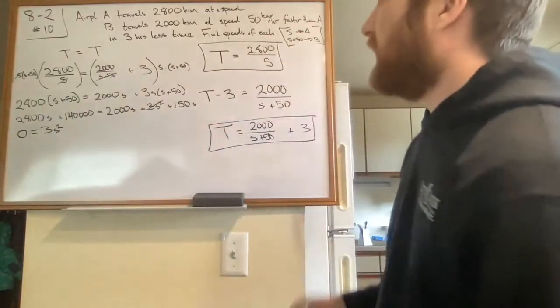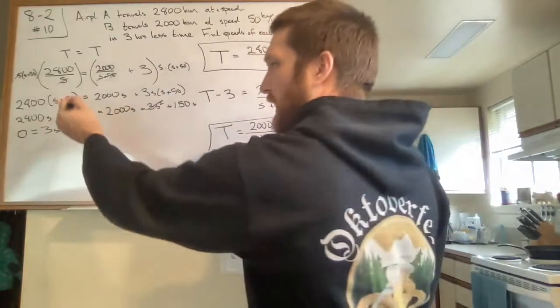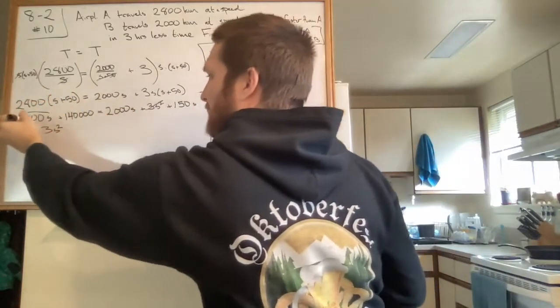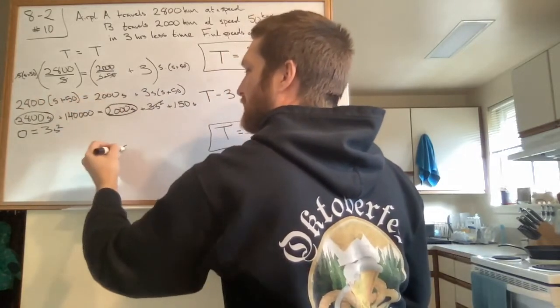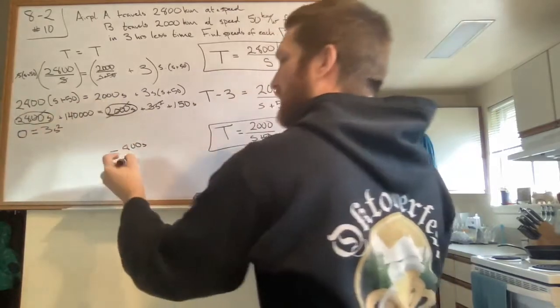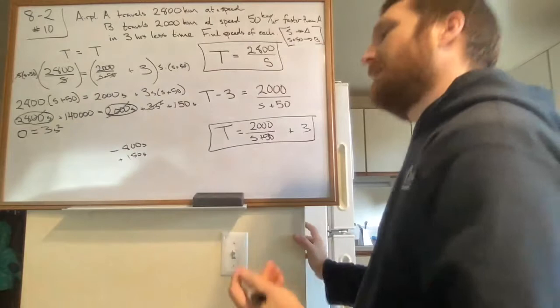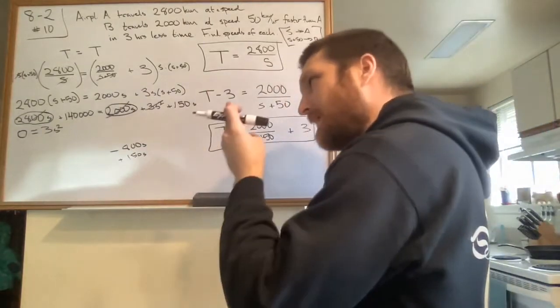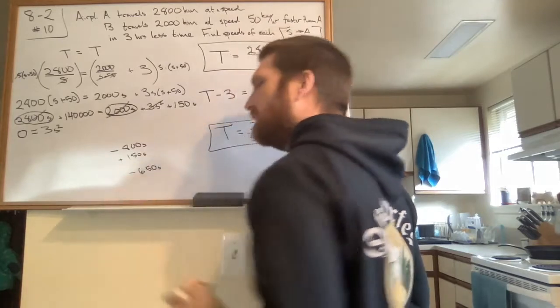Now, we have 2,000S minus 2,800S gives me a minus 800S. Then plus a 150S, and that should be minus 650S, I believe.